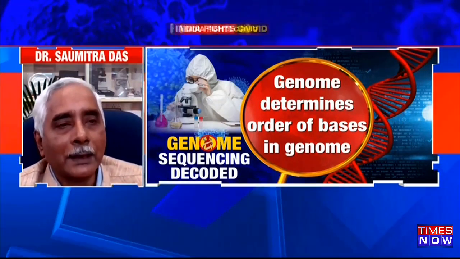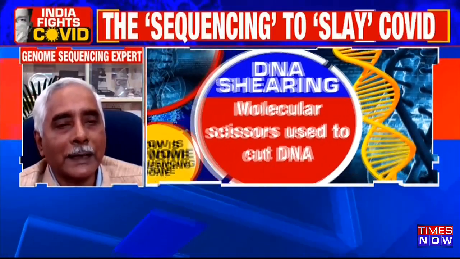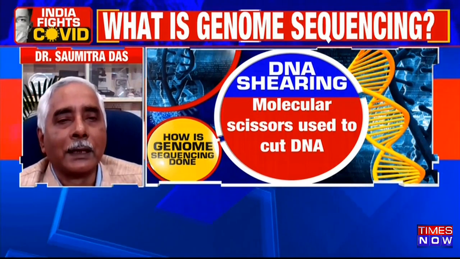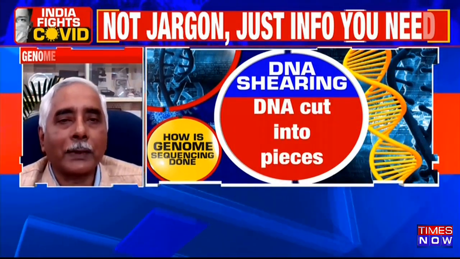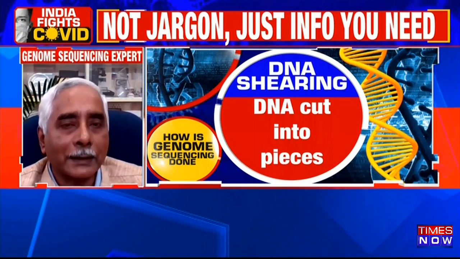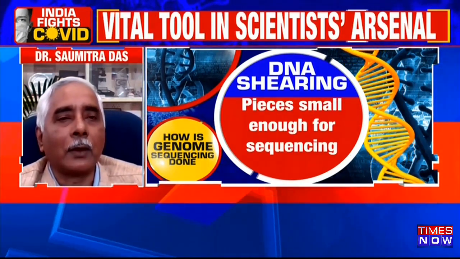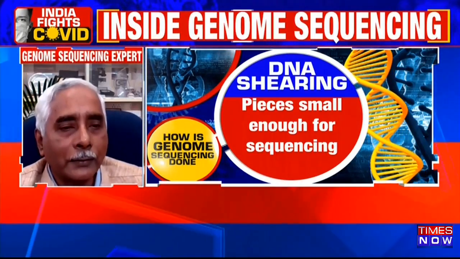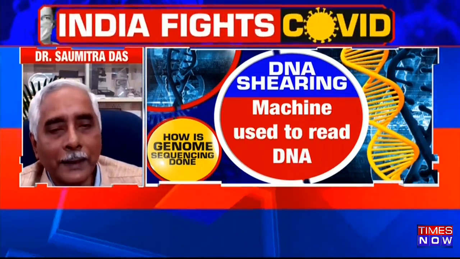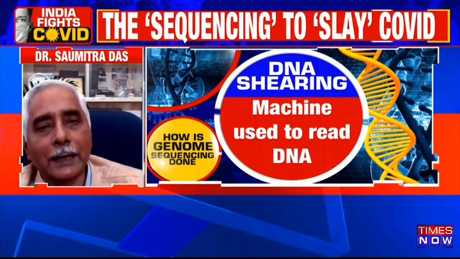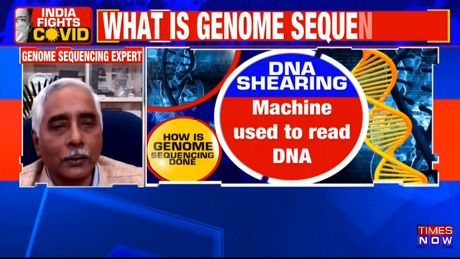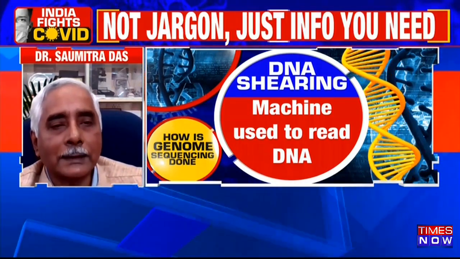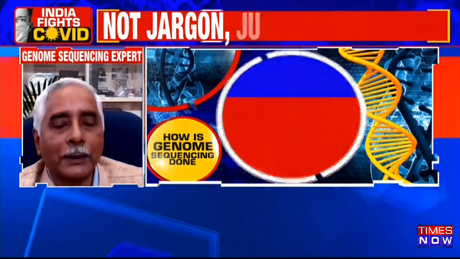That sequence information is shared with the central database, where it is deposited, and we analyze it very carefully to find out whether this sequence has anything that should raise an alarm, or whether we see some unusual pattern in that particular sequence. We try to find out whether this is the same variant or a different one that we are watching from that particular zone. Then we do a little additional sequencing to find out whether that is related to the surge in that particular pocket or not.